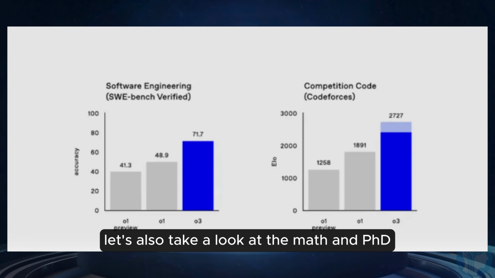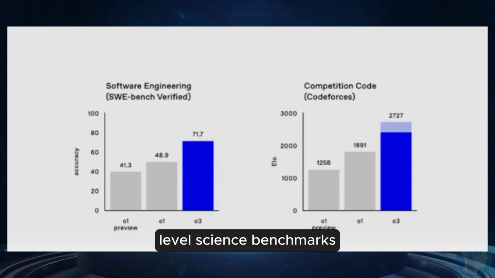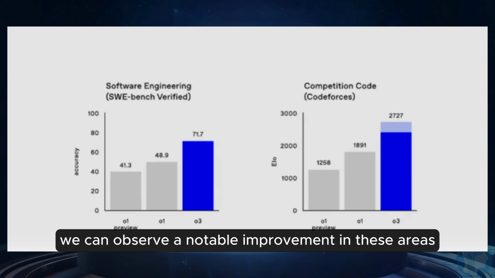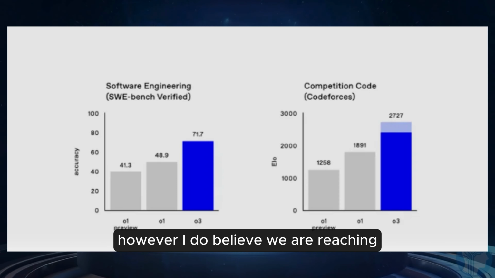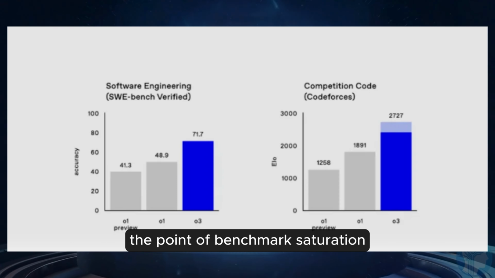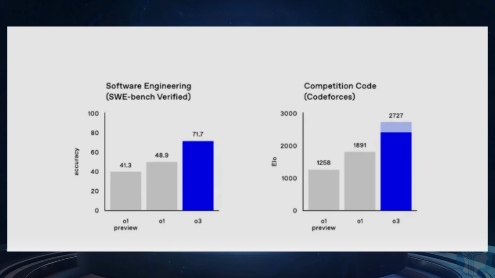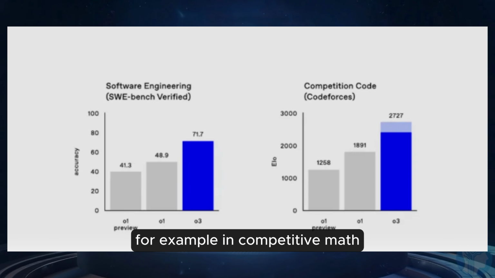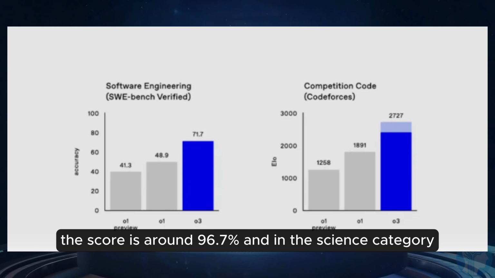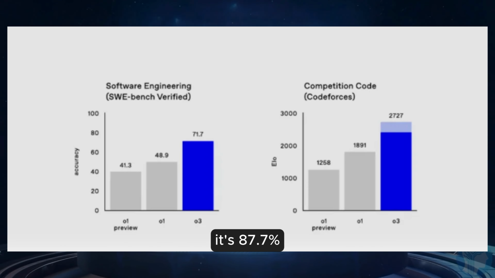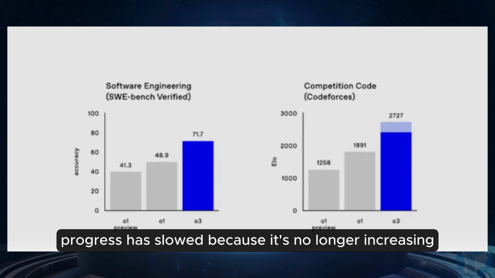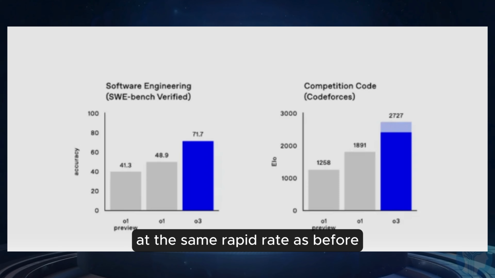Let's also take a look at the math and PhD-level science benchmarks. We can observe a notable improvement in these areas as well. However, I do believe we are reaching the point of benchmark saturation. For example, in competitive math, the score is around 96.7%, and in the science category, it's 87.7%. As I mentioned earlier, many people are starting to say that AI progress has slowed because it's no longer increasing at the same rapid rate as before.